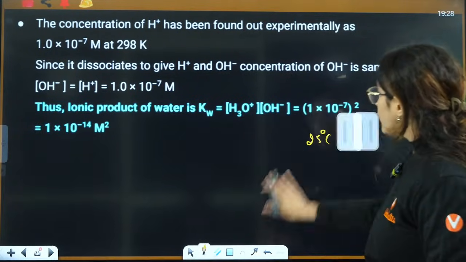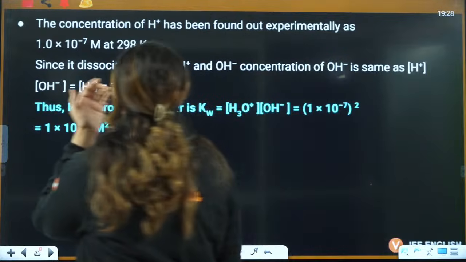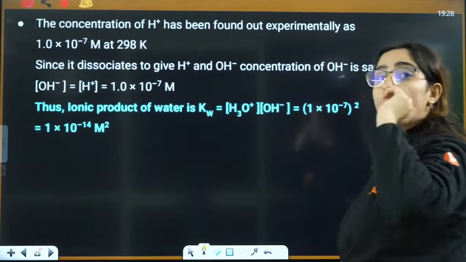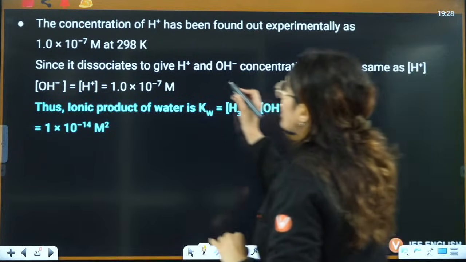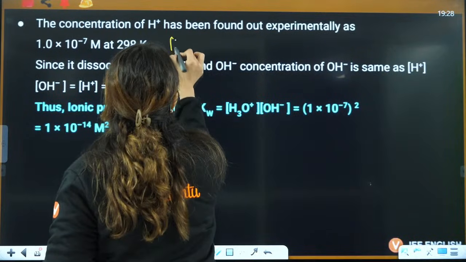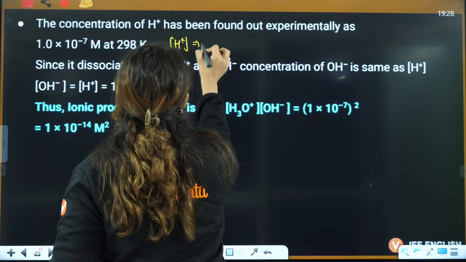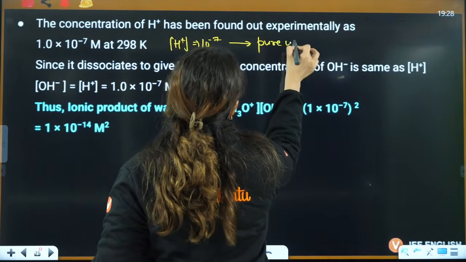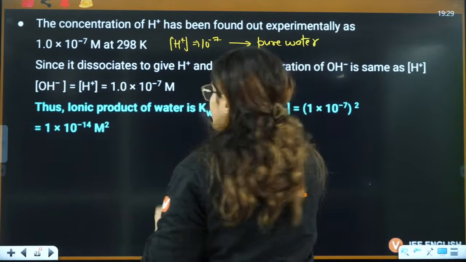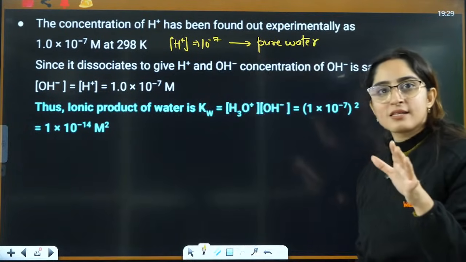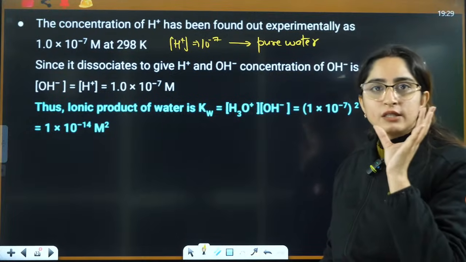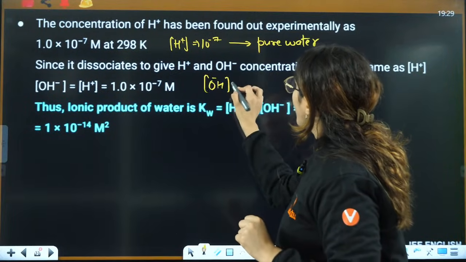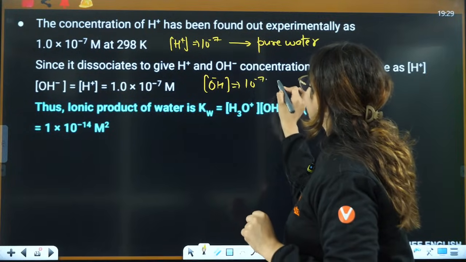Right? Or you can say that the concentration of H positive has been found out experimentally for pure water. This is only for this concentration, that H positive equals 10 raised to power minus 7. This is for pure water. There is no acid, no base here. It is pure water, right? And for OH negative, it is found out to be 10 raised to power minus 7.